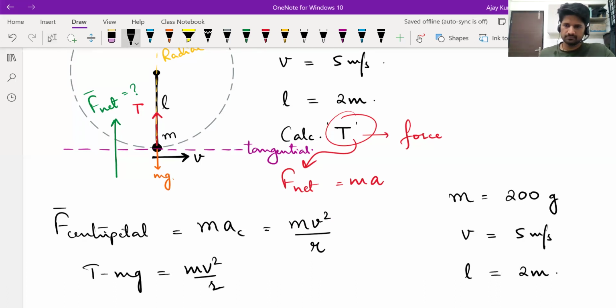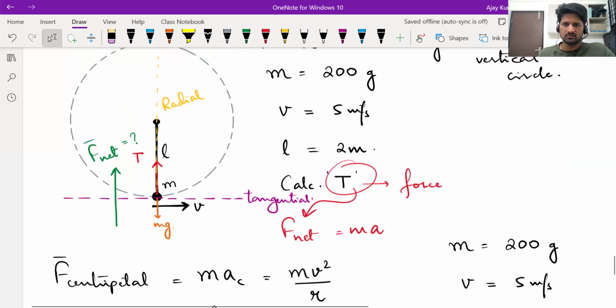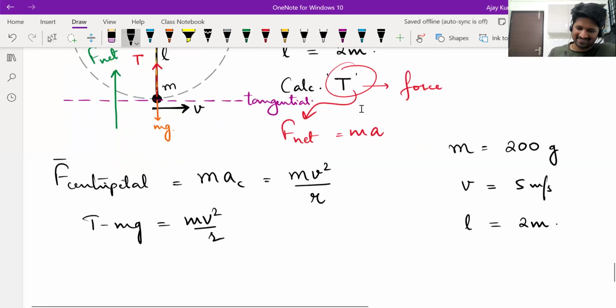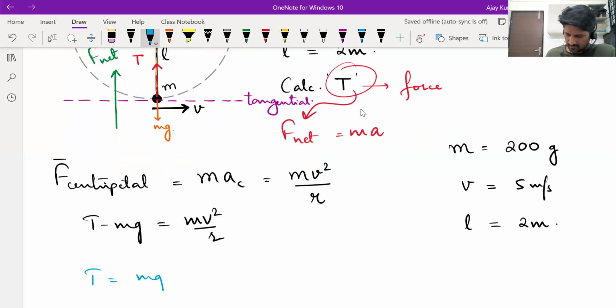Sir, 4,500 newtons. I don't think it will be that much. Mass is 200 grams. Sir, 4.5, sir. Okay. So T becomes mg plus mv square by r.